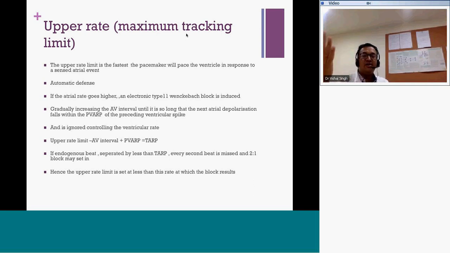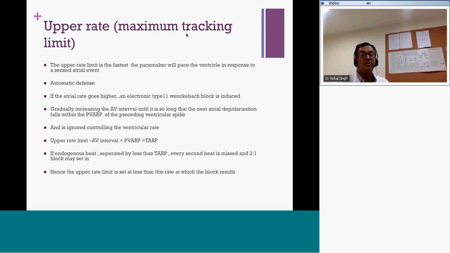If the atrial rate goes higher, electronic type 2 Wenckebach block is induced, where the AV interval gradually increases until it is so long that the next atrial depolarization falls within the refractory period of the preceding one. It's ignored, obviously, because the refractory period will be ignored. The sum of AV interval and PVARP is the total atrial refractory period, and if endogenous beats are separated by less than the total atrial refractory period, every second beat is missed.